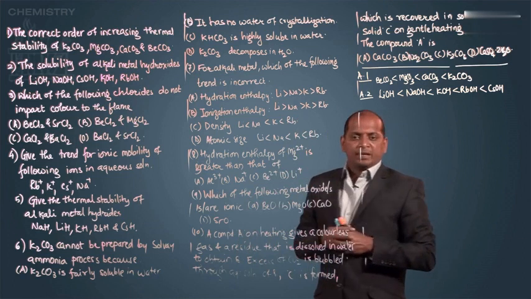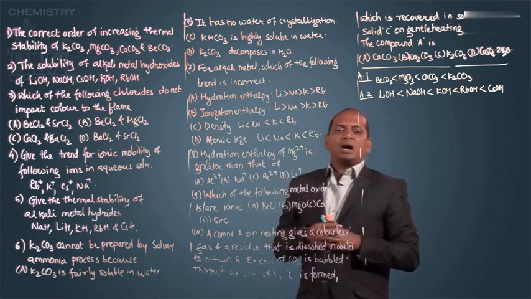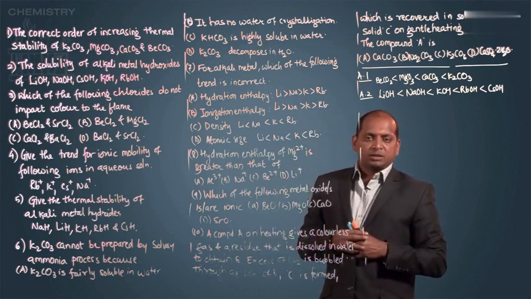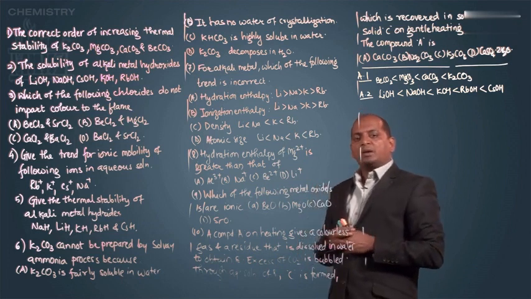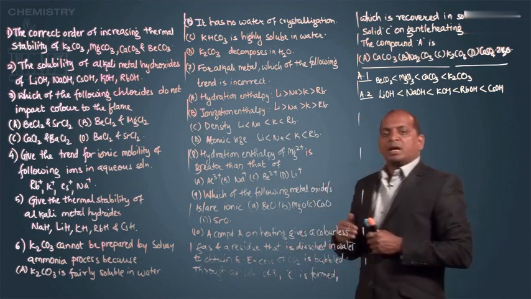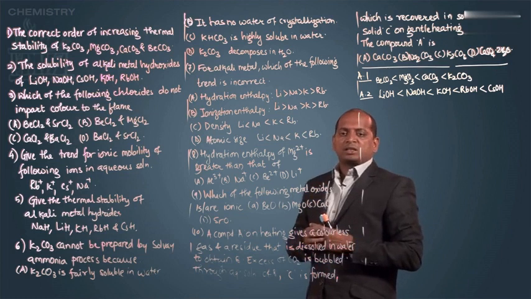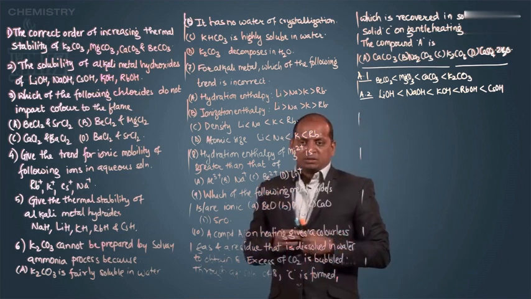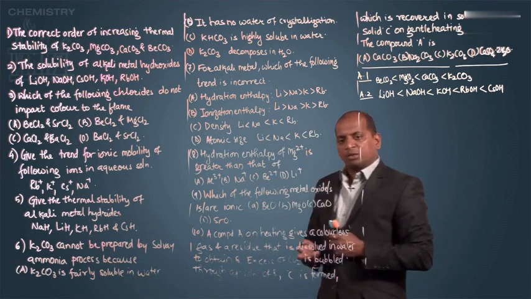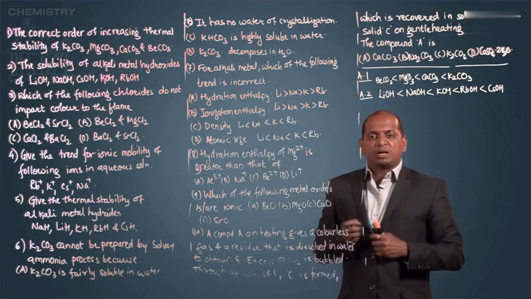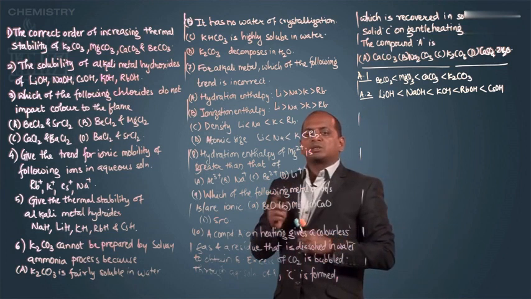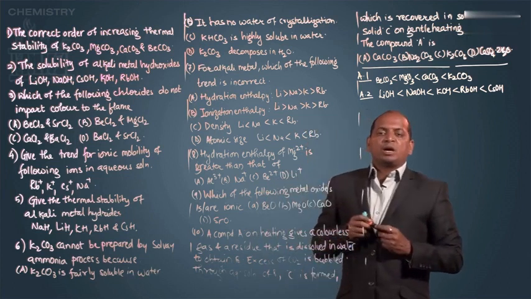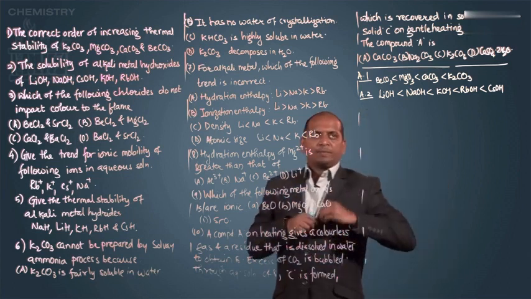The reason behind it, they have a very high ionization potential. Since they have very high ionization potential, the energy required for the excitation of electron does not lie in the visible range. So the excitation of electron is taking place, but that is not in a visible range, and therefore those compounds do not impart color to the flame.